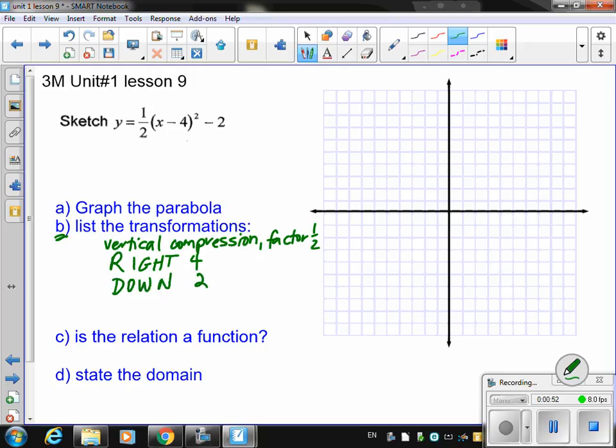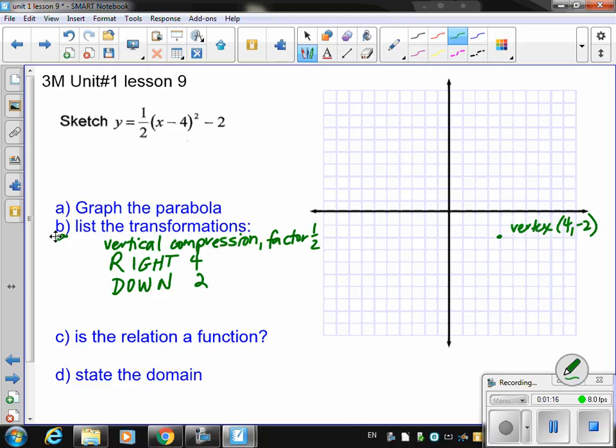So I am going to draw my parabola in one step instead of a series of transformations. I'm going to move my vertex to the right 4 and down 2. So here is my vertex, (4, -2). And I do a quick check to make sure that matches my equation.